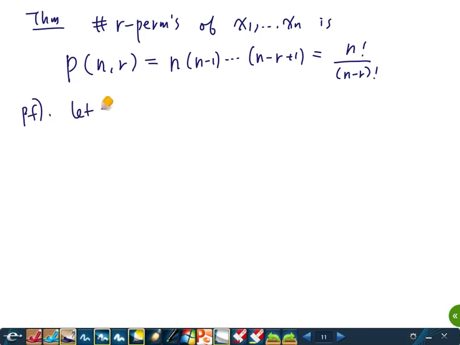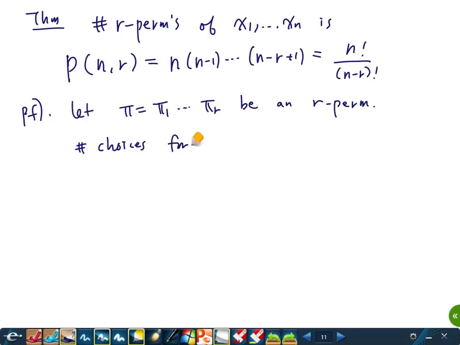So let pi 1 through pi r be an r-permutation. Because we have only r elements, we index from 1 up to r. Now we can create such an r-permutation by choosing one letter at a time. The number of choices for pi 1 is what? Every letter is available, so n.